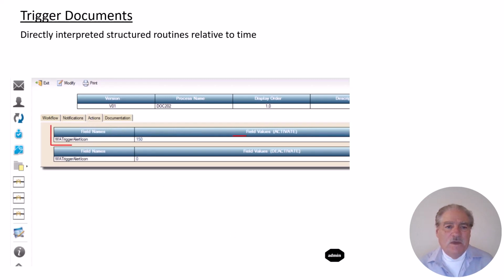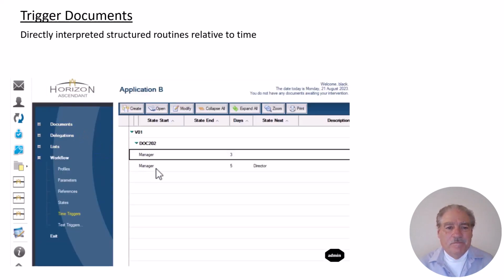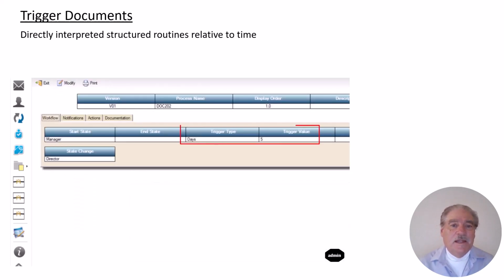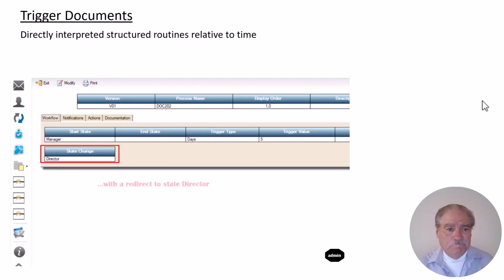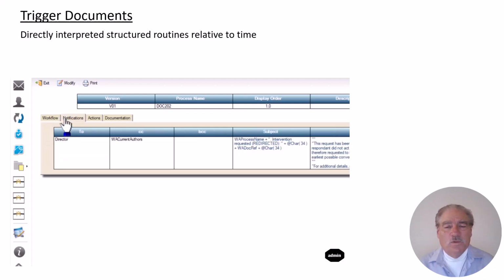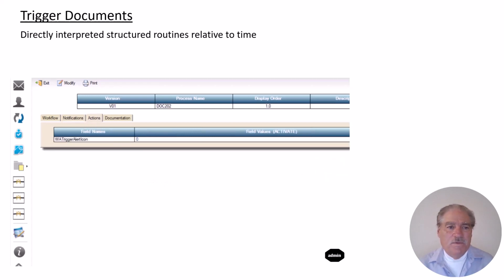As you can see, that's the icon that was displayed in the view. Likewise here, now we're talking about 5 days with a redirect to the director. Of course, notifications, as well as the actions. And here, of course, is where the icon is essentially erased.